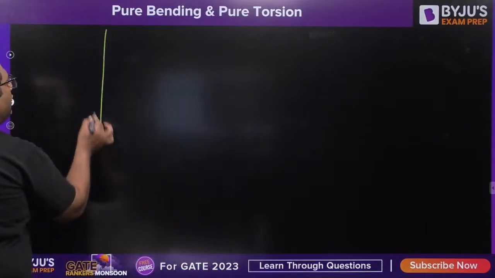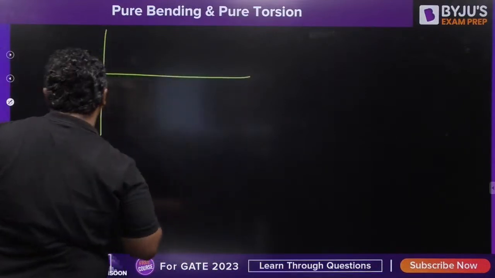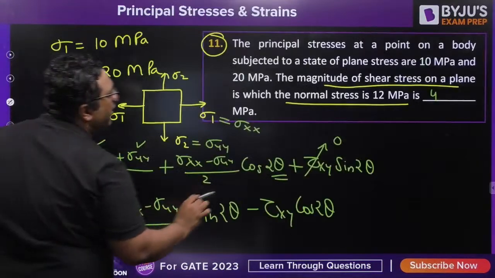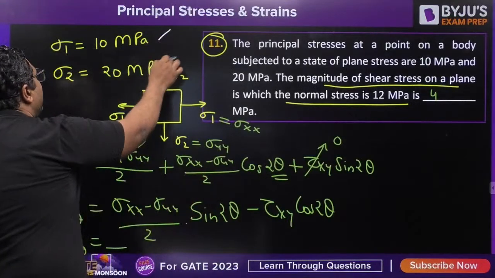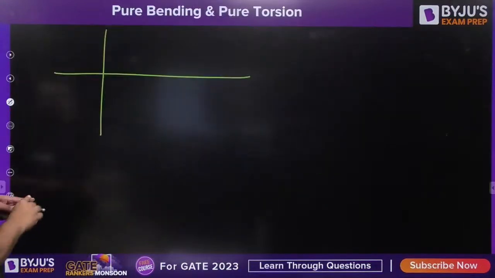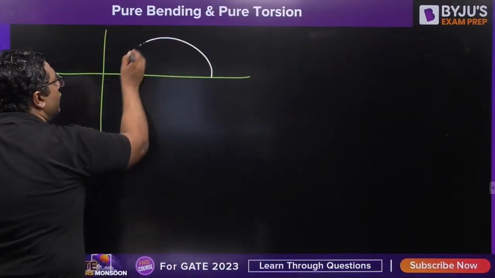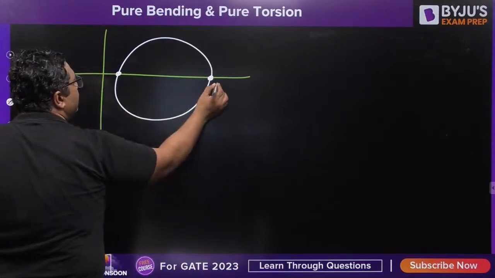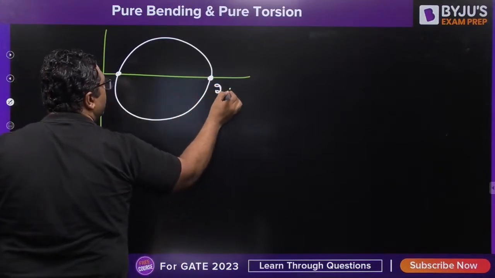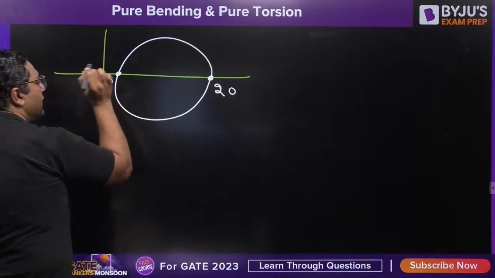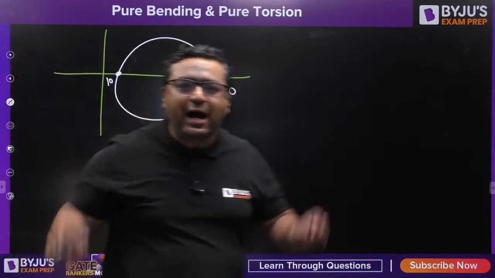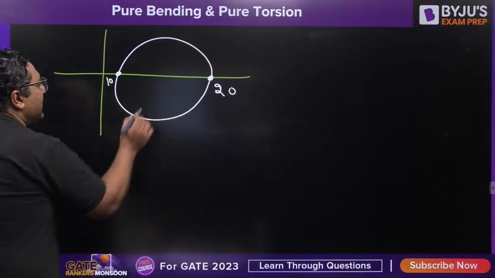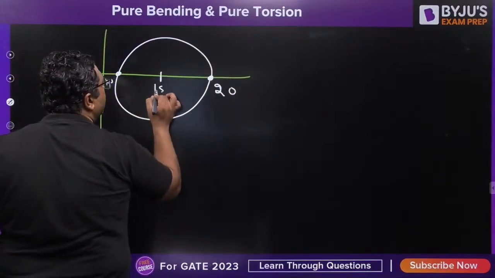Whenever we are talking about the Mohr circle, principal stresses sigma 1 and sigma 2 are mentioned as 10 and 20. So the extremes of the Mohr circle are 20 and 10. Extremes are nothing but the principal stresses. So the center would be at 15.